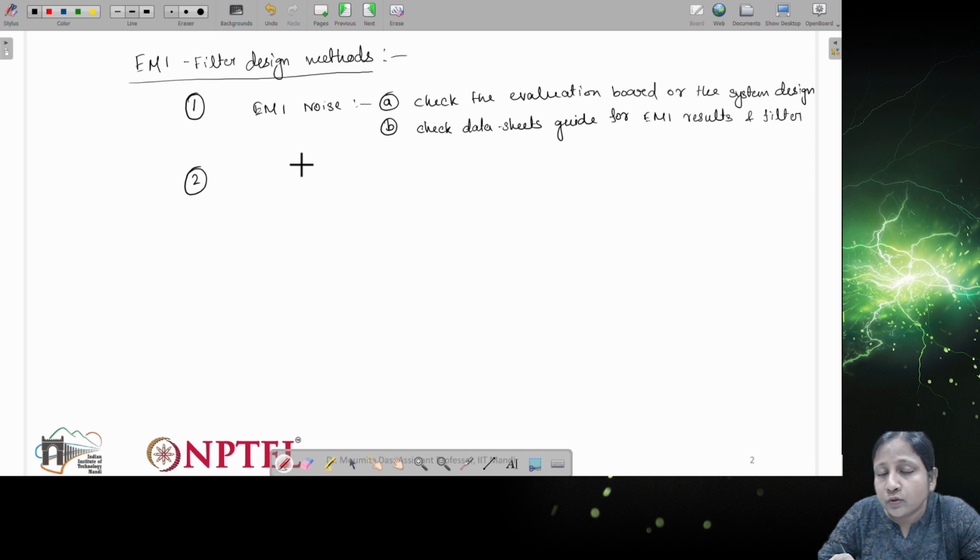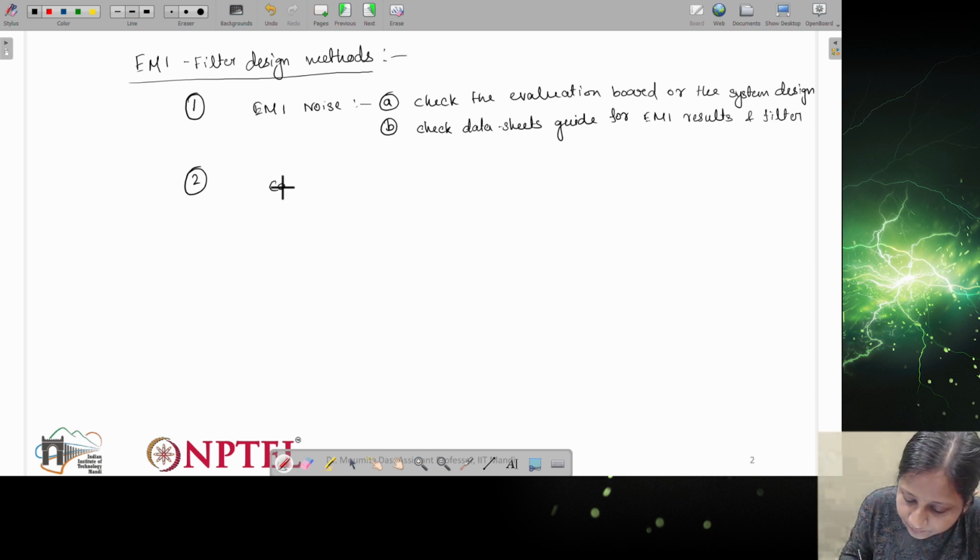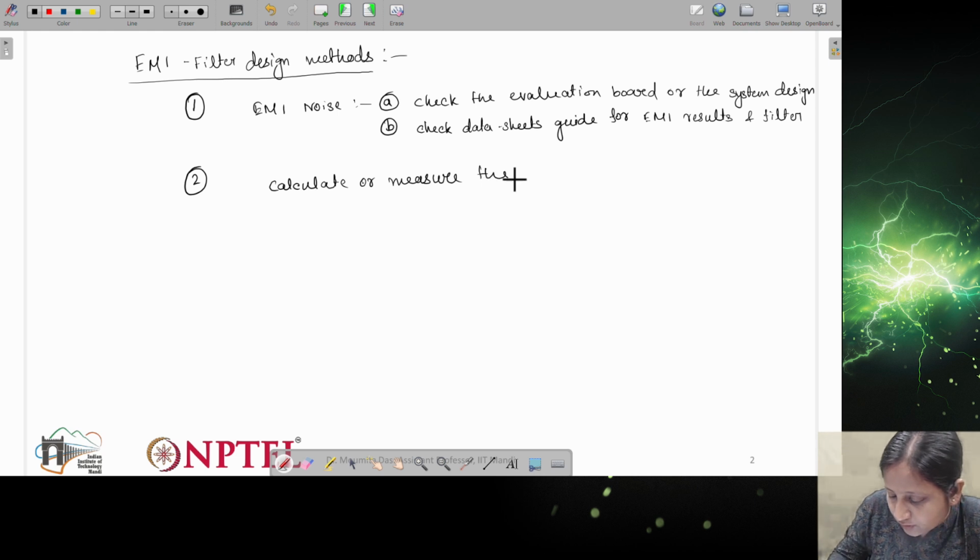But if we are looking into the evaluation board, then we have the hardware system, so in that case we can measure the EMI noise from the system itself. That is why the second step will be calculate or measure the noise.